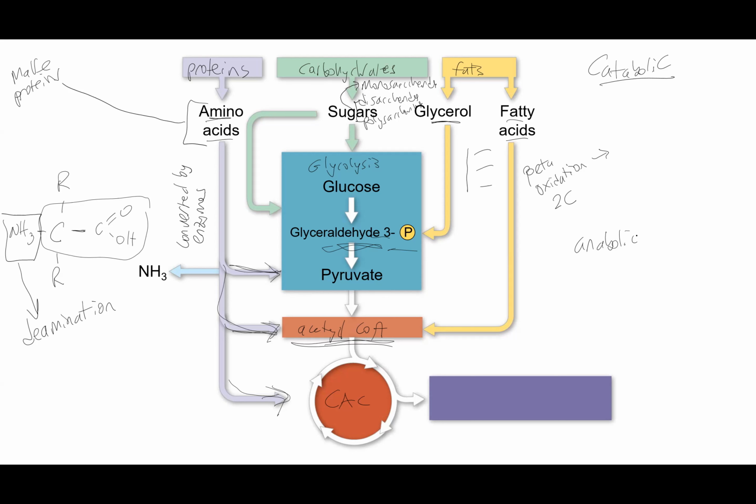So anabolic reactions can use these raw materials to build things like fat storage, to store molecules as fat, or making the proteins like we talked about.